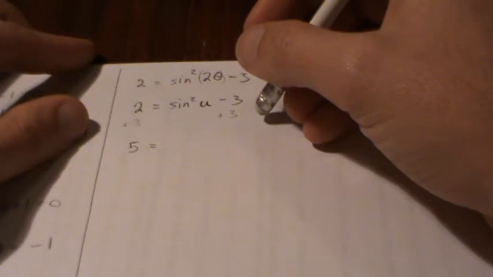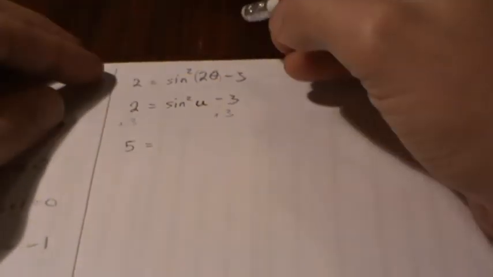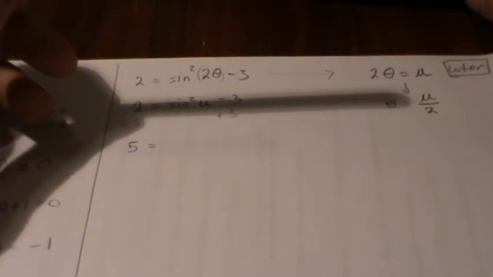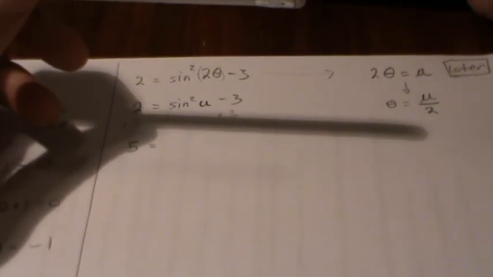I'm not going to get any solutions to this. What's the square root of 5? It's too big. Hold on, let me change this equation so we actually get some solutions here.